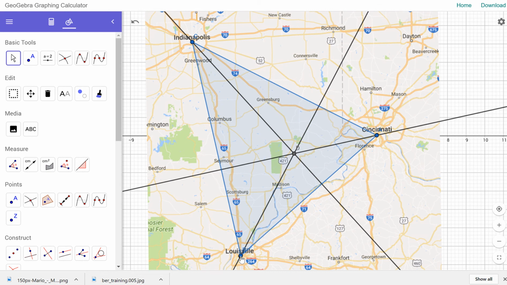So it might not be realistic with the roads that we're looking at, but just location wise, if I wanted to place a distribution center so that I am the closest to I-65, I-74, and I-71, I'd probably look at a location around this area of the states. I believe that's probably in Indiana somewhere, but it is close to that national park that's right here. But this would be the location that would be the closest to all three sides, and that's what the orthocenter would give us.